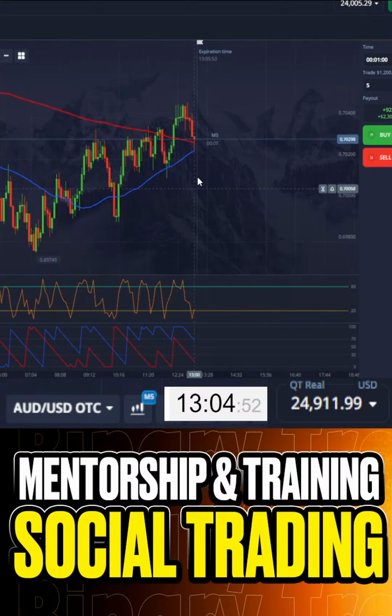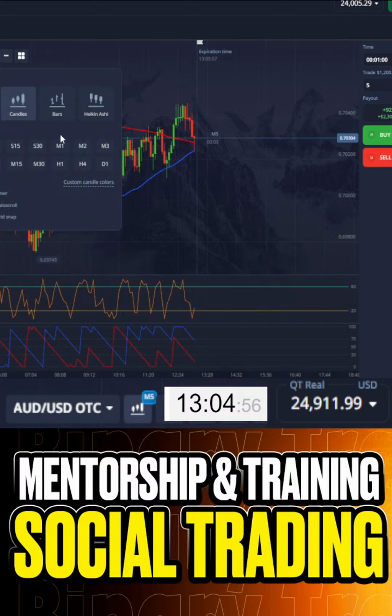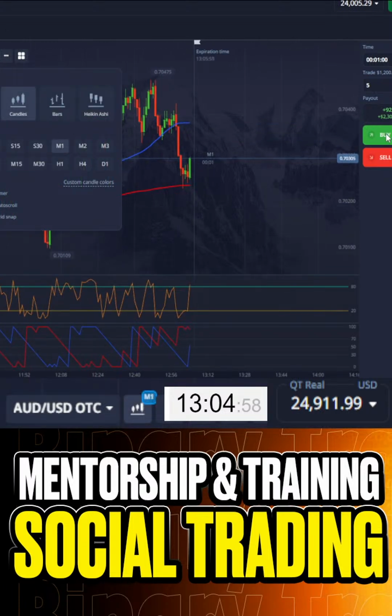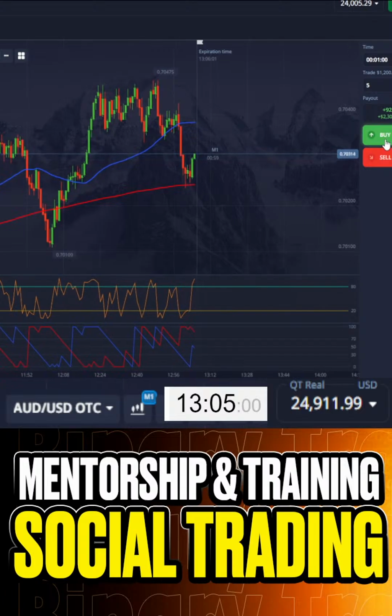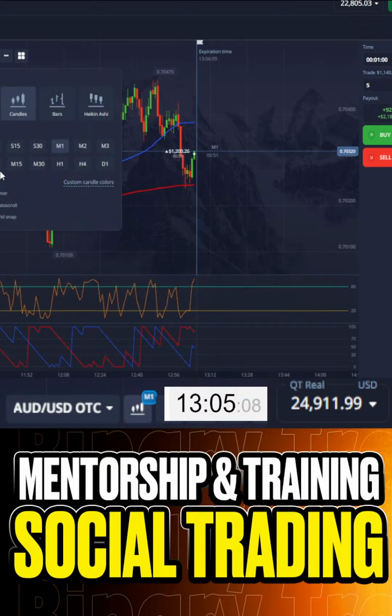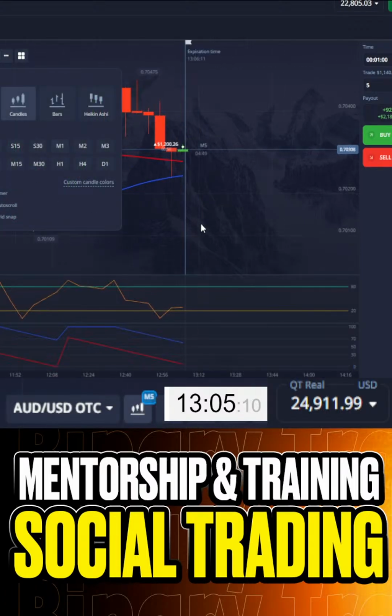Here we can see that this is a little bit weak, and we can see on M1 it goes up. And we are opening our trade with just a trend direction, with just a moving of price, and we will see what the market is going to give us.